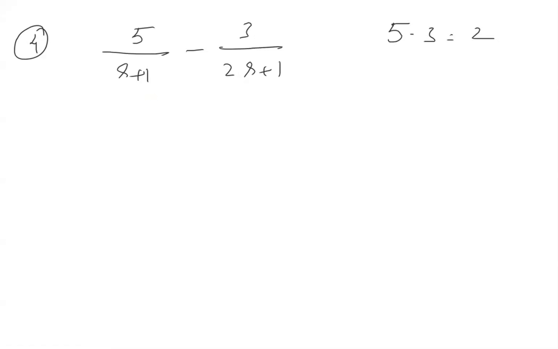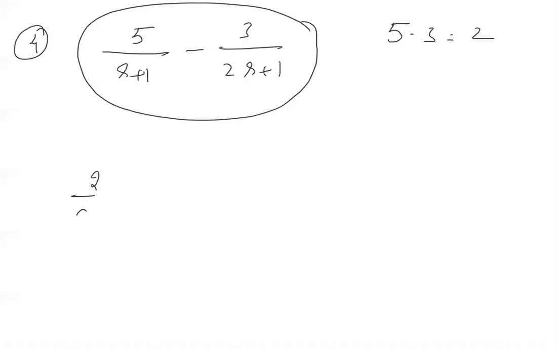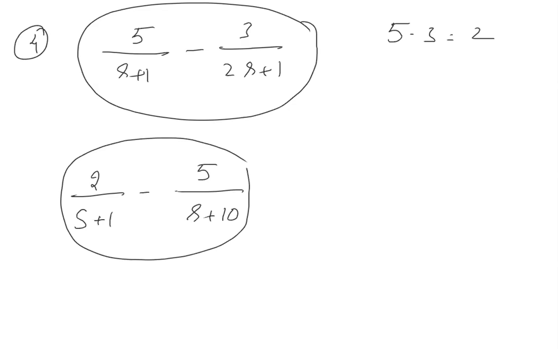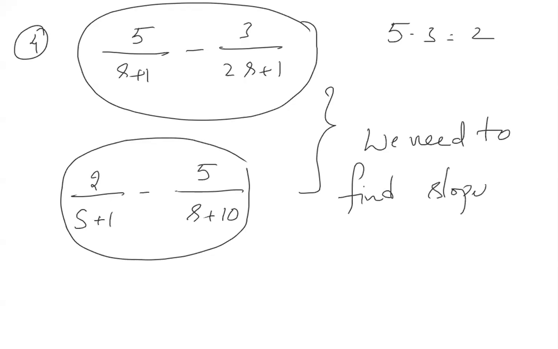So what are the transfer functions which are left? This is 1, and this has s plus 10. For these, we need to find the slope of the initial response, the slope of the response at time t equal to 0.